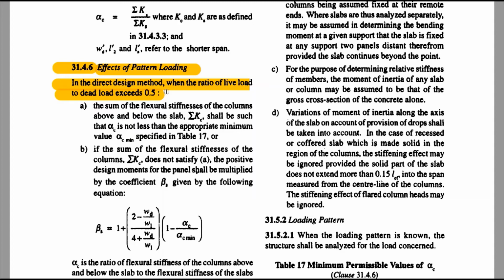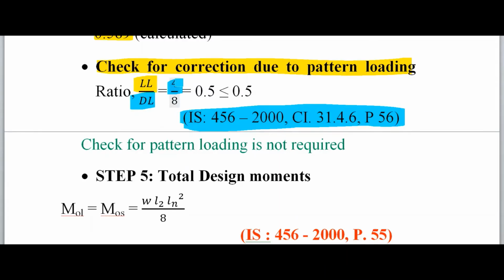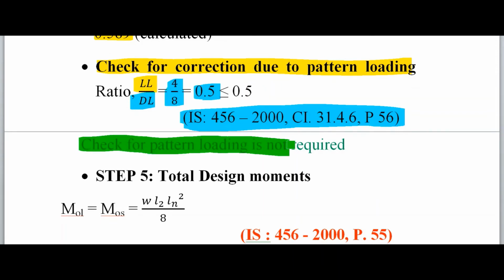In the previous lecture there was a 1% correction in the shorter span. But this time, if the ratio of live load to dead load exceeds 0.5, then we have to do pattern loading. Live load to dead load, 4 by 8, is 0.5, so the check for pattern loading is not required because the ratio is not greater than 0.5.